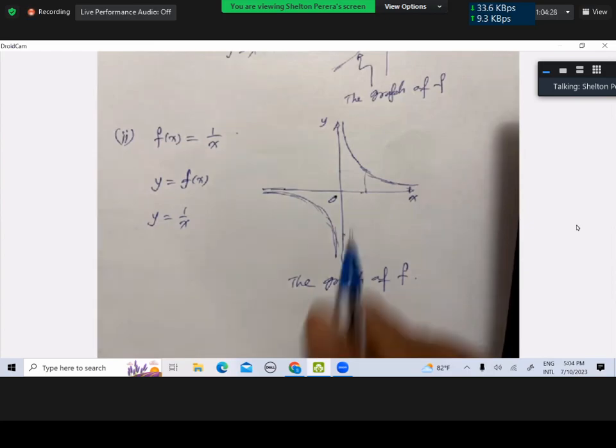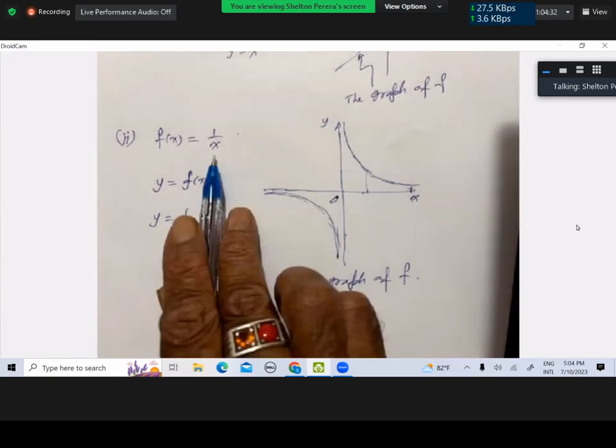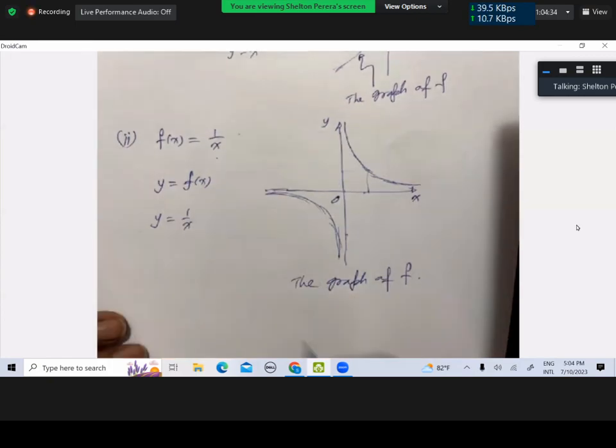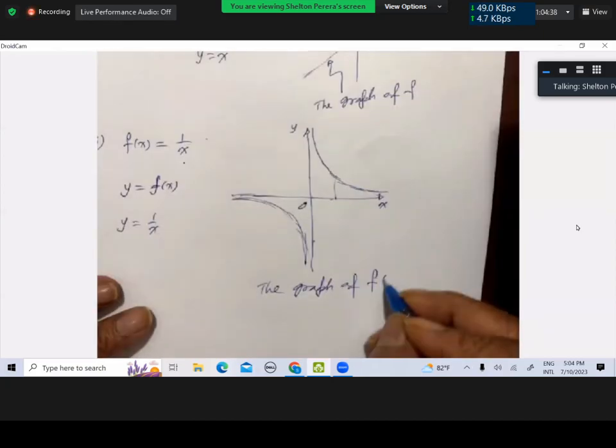When x is equal to 0, there is no y value; it is undefined. The graph of f is this.